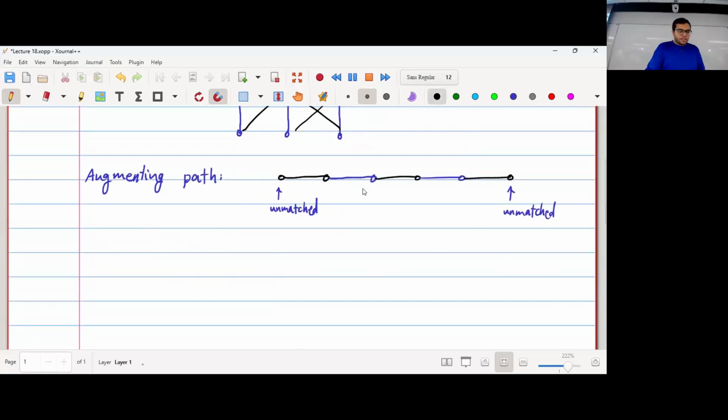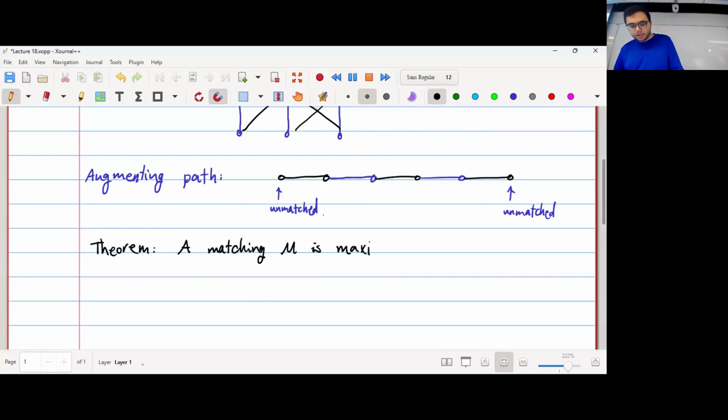And then we saw this theorem last time, which basically said a matching M is maximum, sorry, it's maximum if and only if it has no augmenting paths.